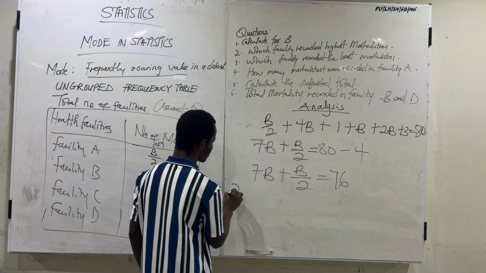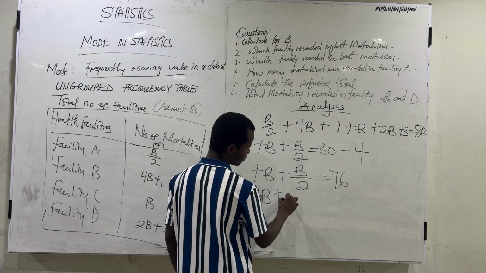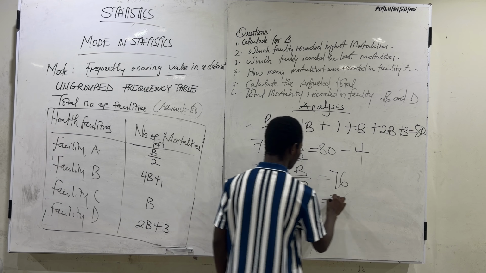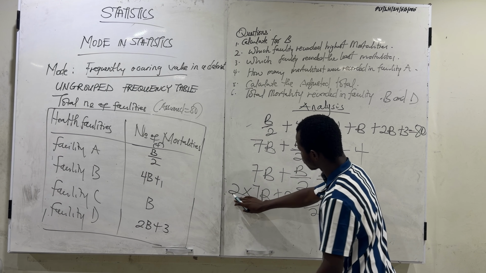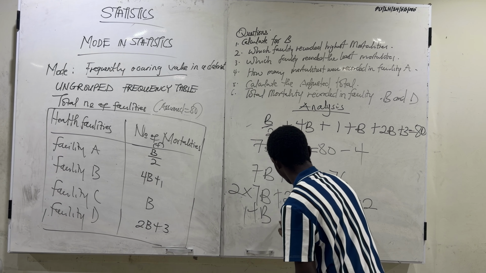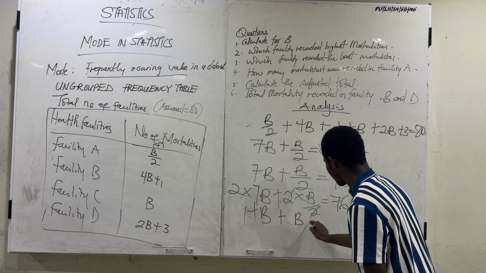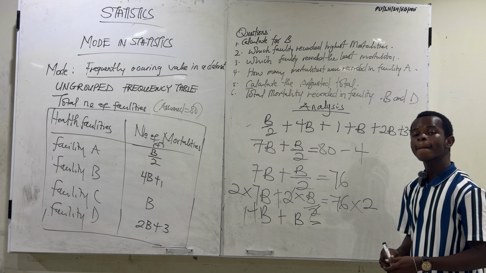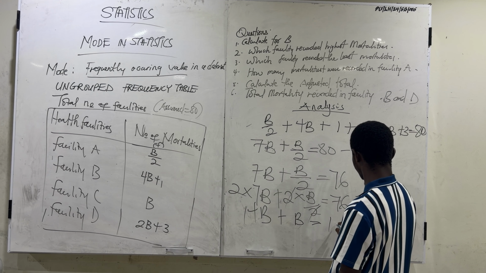So we get 2 times 7B plus 2 times B over 2 equal to 76 times 2. 2 times 7B gives us 14B, and then this 2 cancels this 2, and we get B here. And 76 times 2 gives us 152.